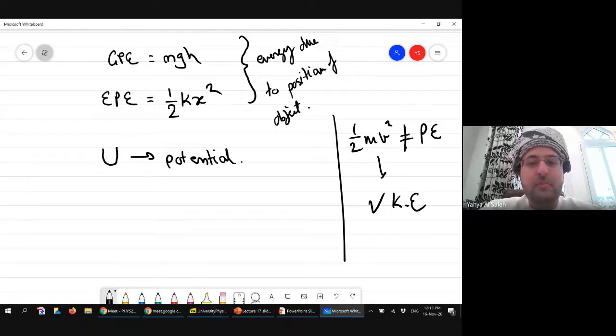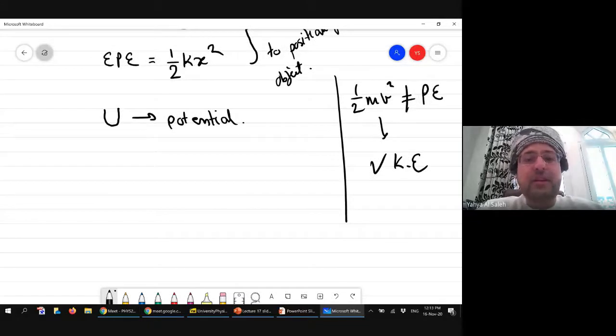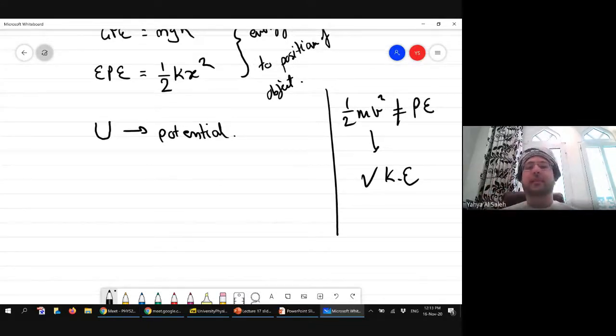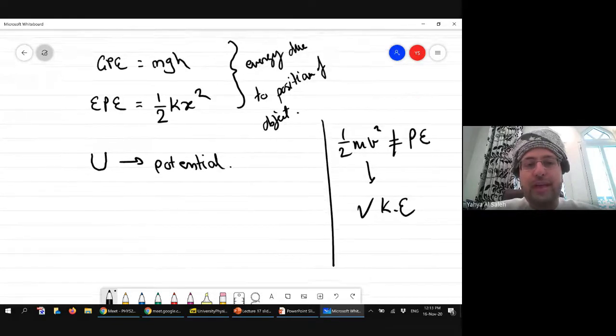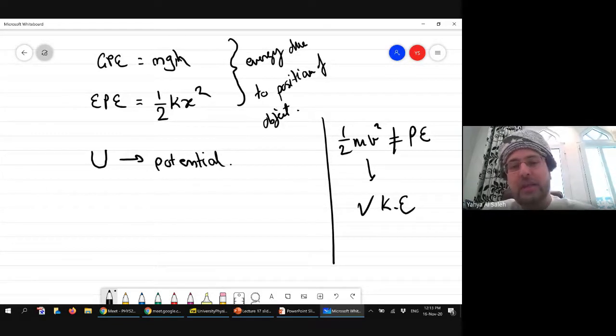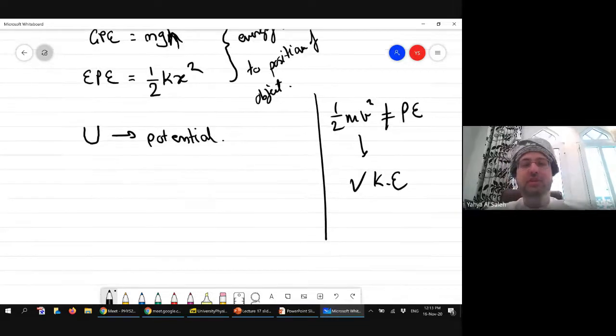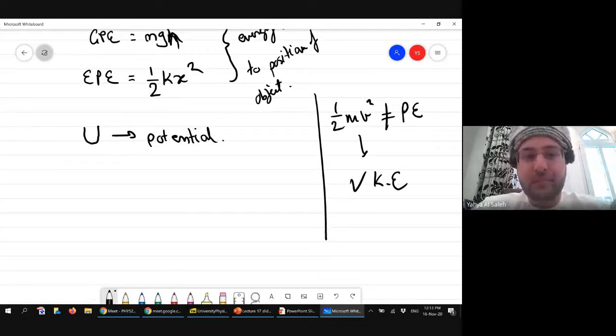Now generally speaking, in our world everything is three-dimensional, or 4D if you want to include time, but let's stick to 3D for the moment. Your potential energy is not only usually mgh, it depends on your position in 3D. But for the case of this course, to simplify matters, let's only consider one dimension, the x dimension.